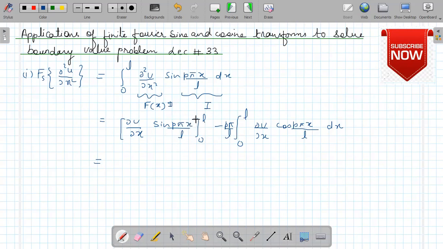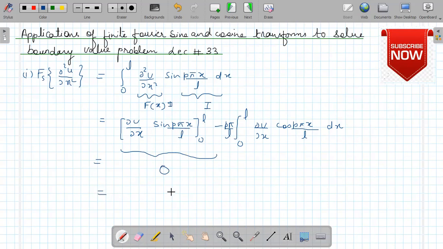But when you substitute L here, you will get sine p pi, which is 0. And at the lower limit, this is automatically 0. So this whole term vanishes. This whole term will become 0. What is left is this term.